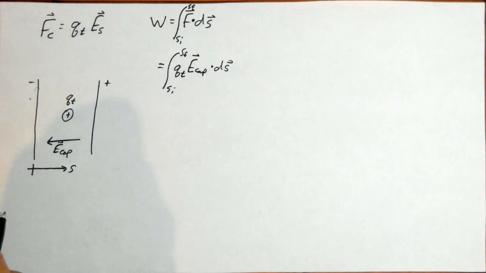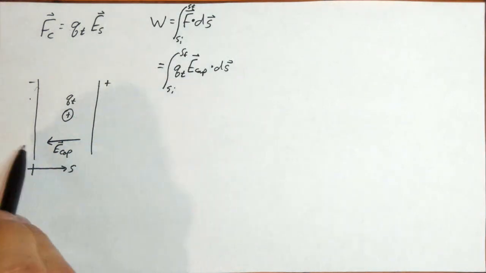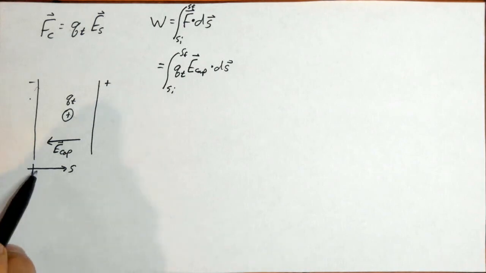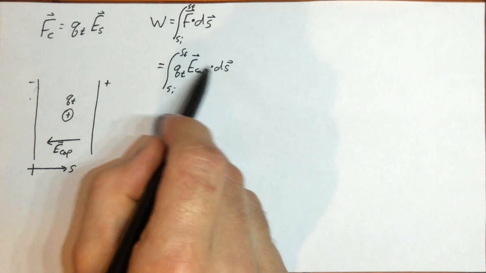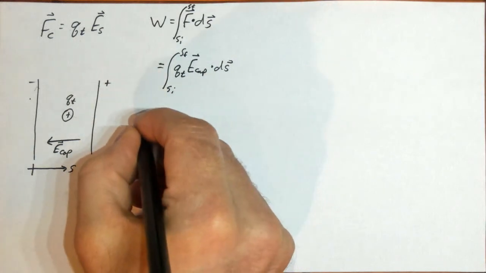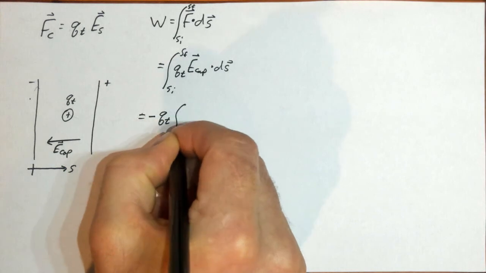The electric field of the capacitor is pointing to the left, but S points to the right. So these are opposites, so they give us a minus sign. So negative. I'm going to go ahead and pull out the QT since it's constant.